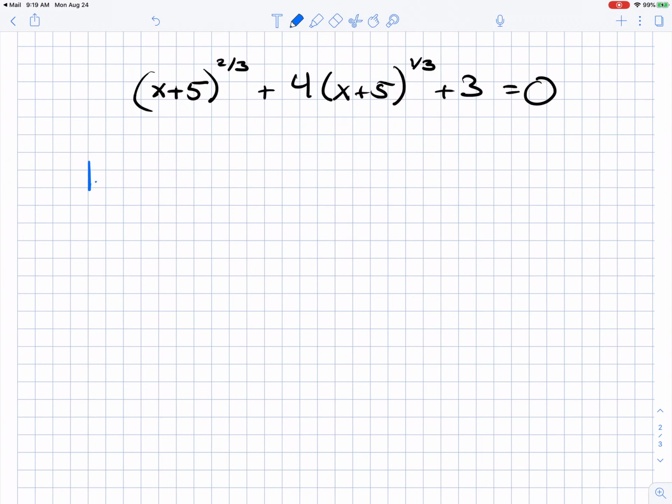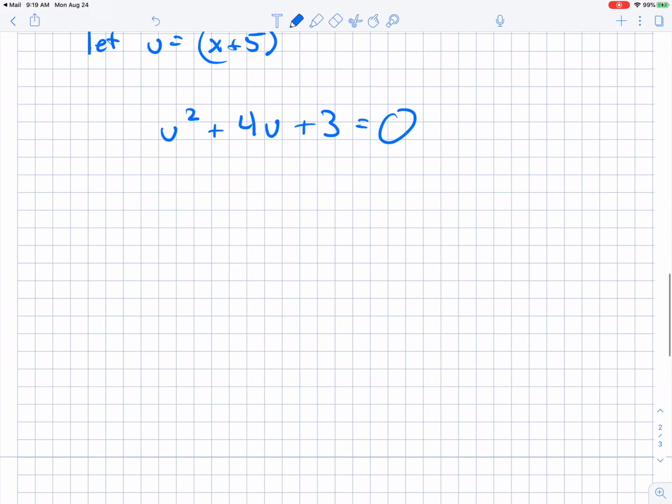We're going to let u be equal to x plus 5 to the power of 1/3, usually right in the middle for these equations. Then we can transform the original equation into u squared plus 4u plus 3 equals 0.